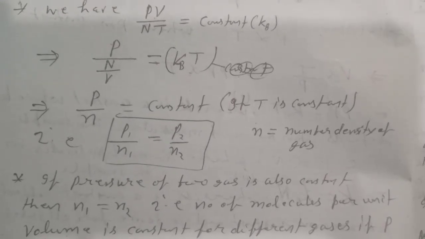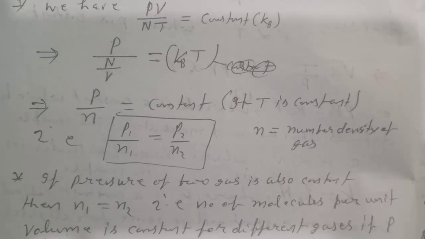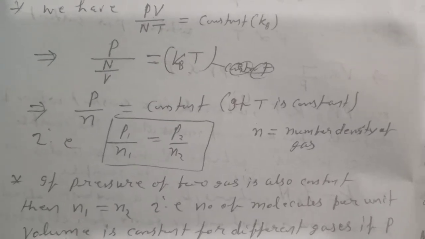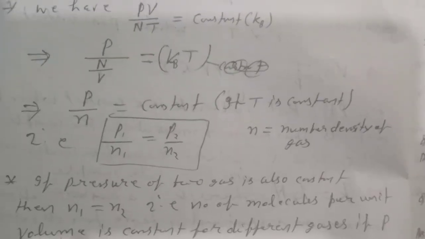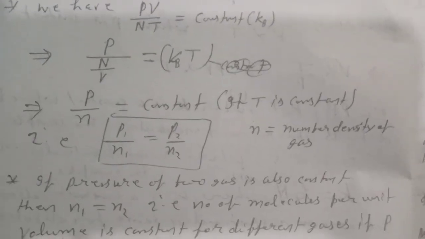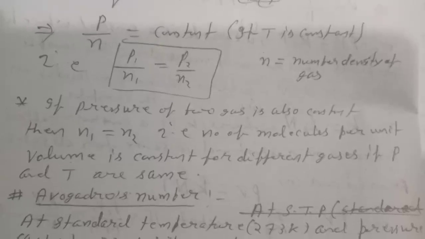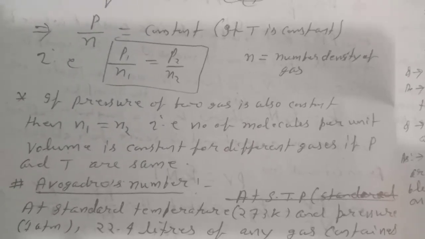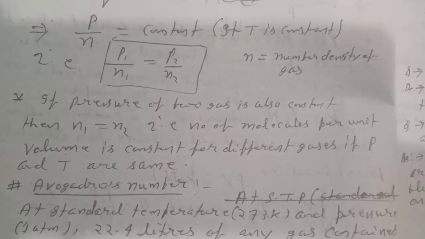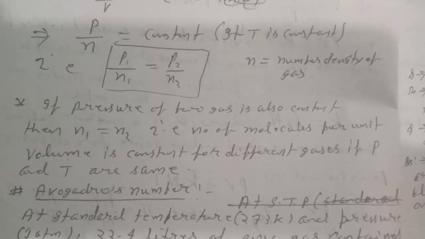If temperature is constant, then P1/N1 equals P2/N2, and here N represents number density, that is, the number of molecules per unit volume. Next, if the pressure of two gases is also constant, then N1 equals N2, that is, the number of molecules per unit volume is constant for different gases.